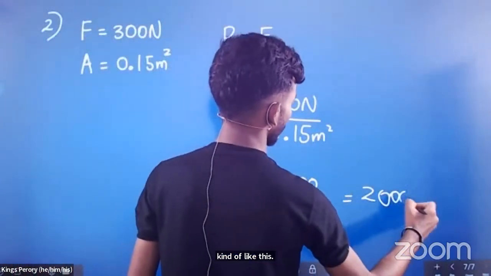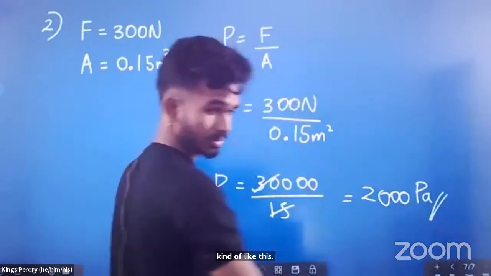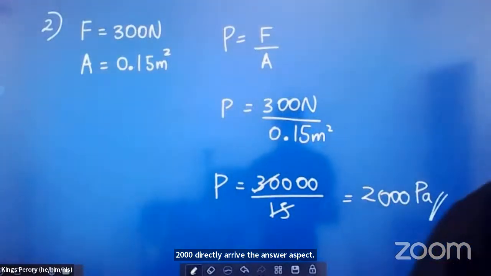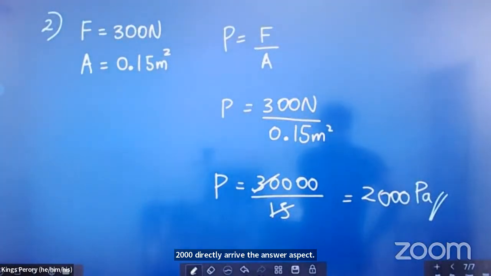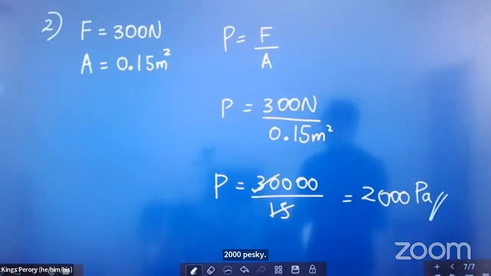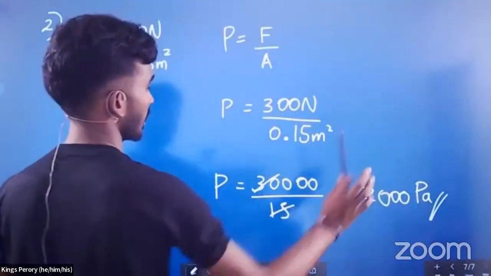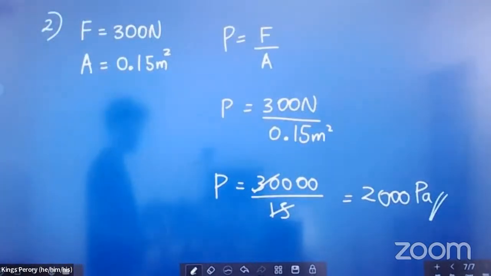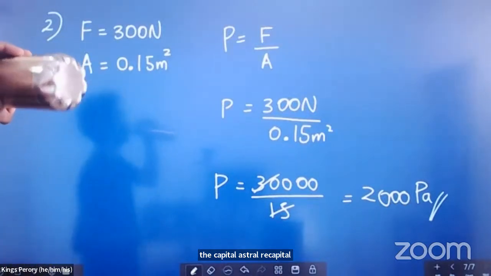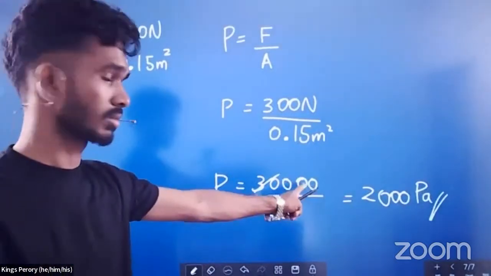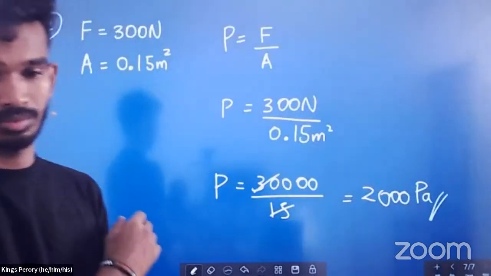So directly I write the answer as 2000 Pascal. P capital, Pascal. How did you get 2 zeros there? I multiplied by 100, top and bottom.